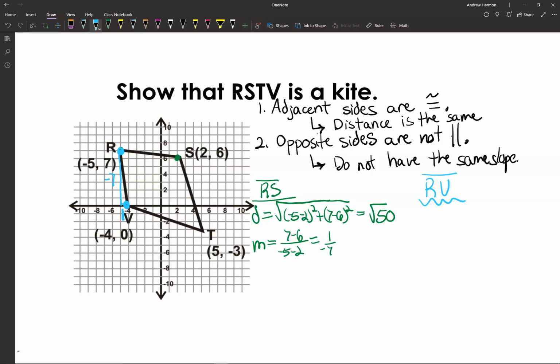So our distance is just the Pythagorean theorem: the square root of negative 7 squared plus 1 squared, which simplifies to the square root of 50. And our slope is down 7, so negative 7, and right 1, positive 1, so our slope is simply negative 7. Okay, let's do the same for the rest of these sides. V to T.